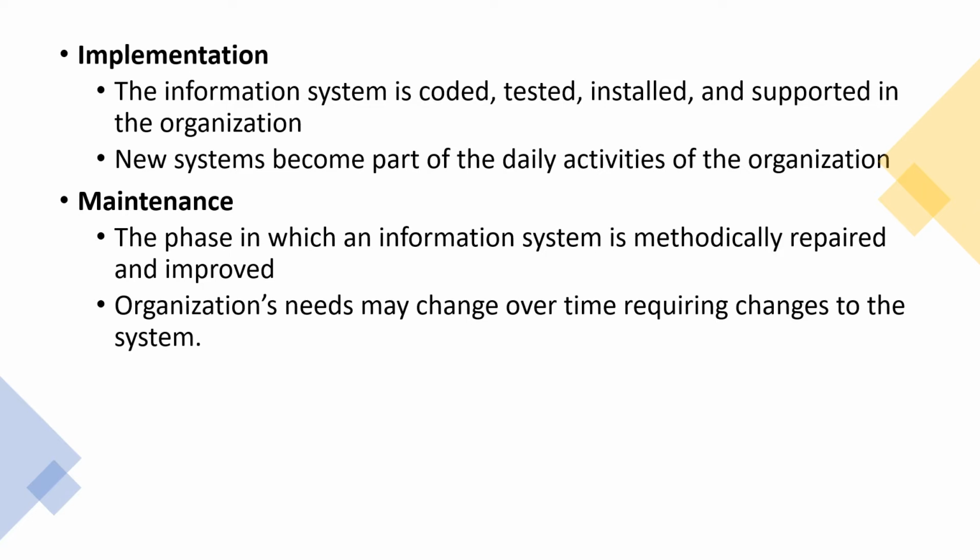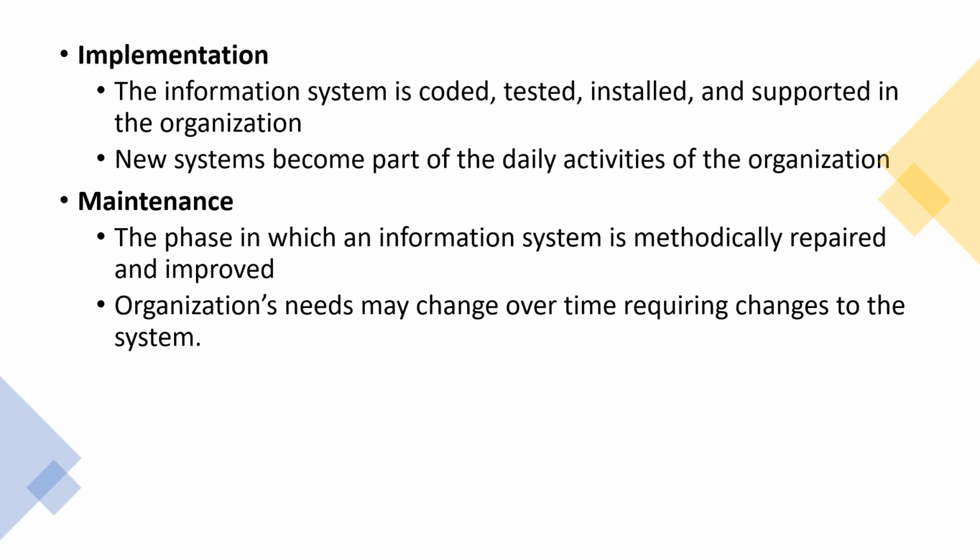Maintenance starts from the time the system starts to be used. It is the phase in which an information system is methodically repaired and improved. The organization's needs may change over time, requiring changes to the system. That means any change done for the purpose of correcting errors, preventing errors, updating the system, or adapting the system to the environment.